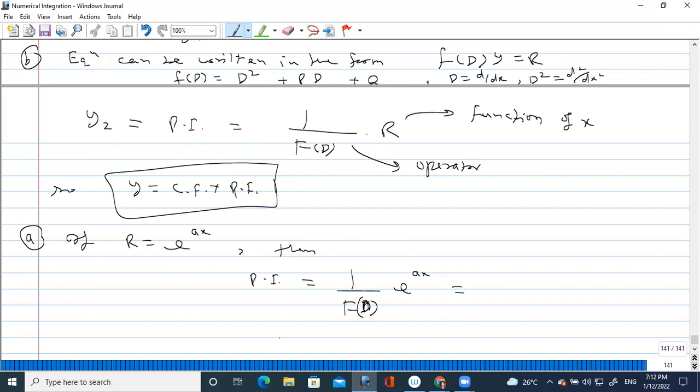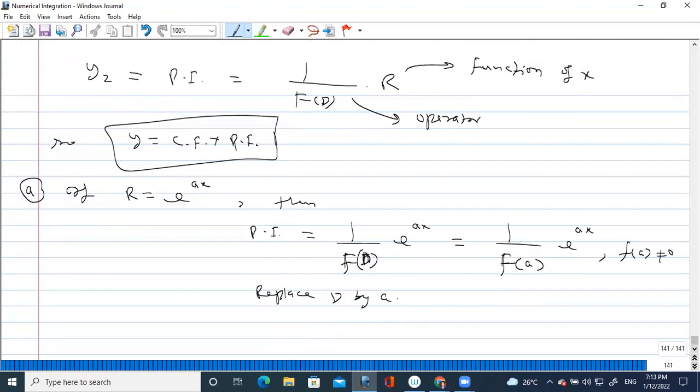Then the answer will be 1 upon f(a) into e to the power ax, but provided f(a) is non-zero. If it is non-zero, then only it is possible. If it is zero, then it will become infinity, which is a bigger problem that we cannot accept. So f(a) should be non-zero, then only we can do this.